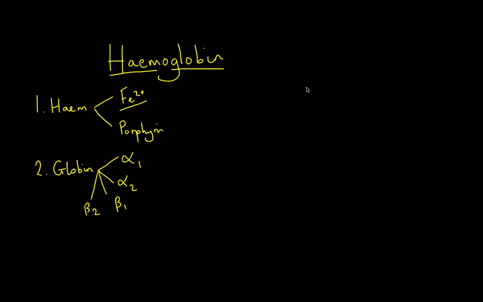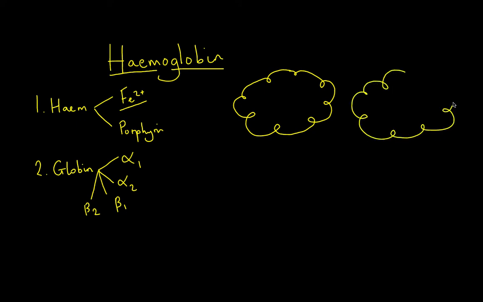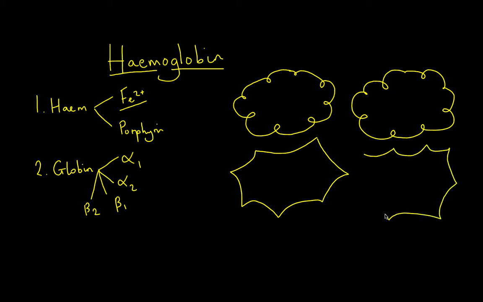So we'll start off with the globin chains, and specifically the 2 alpha chains, which I'll draw like this cloud-like structure. So you have 2 alpha chains, and then you have 2 beta chains, and I'll draw the beta chains like this. So we have 2 alpha chains and 2 beta chains.